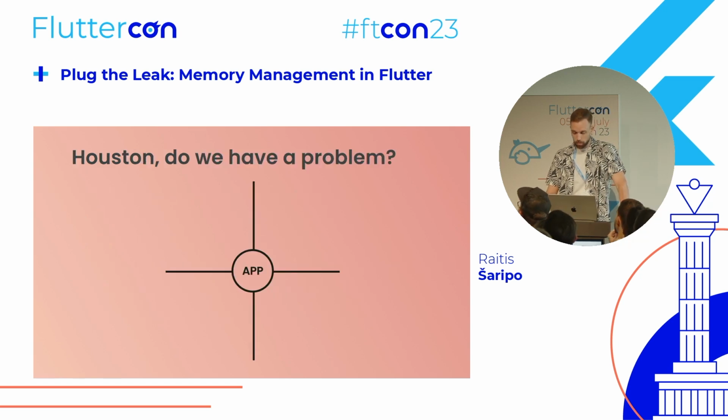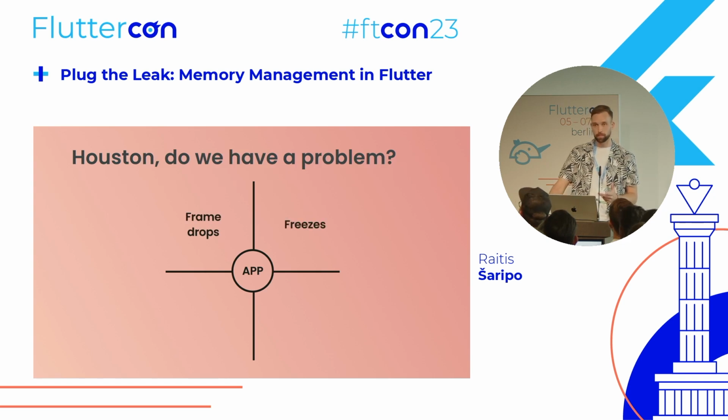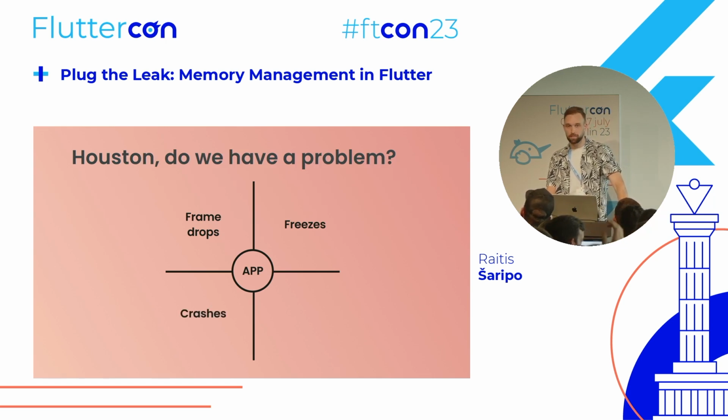All right, please raise your hand if you have ever noticed deterioration of your app's performance by experiencing some noticeable frame drops or app freezes. Wow, that's a lot. And what about app crashes, especially the ones with the out of memory error in case of debugging the app?